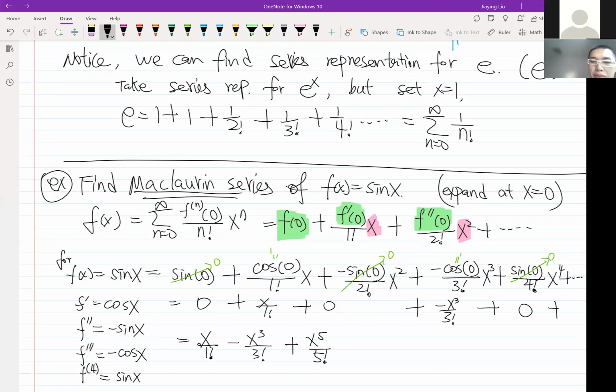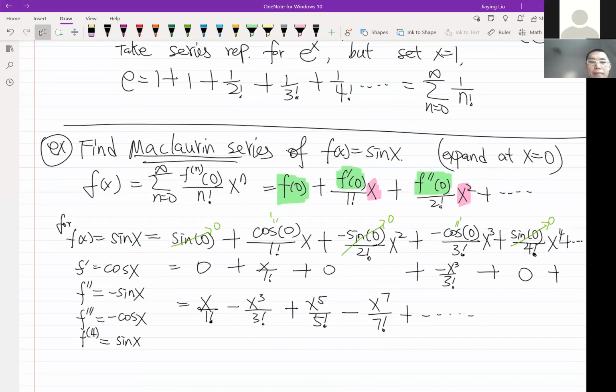And then the next term is minus x to the 7th over 7 factorial, and it continues. So it's helpful if you try to remember this. It will be useful in the future when you need it.